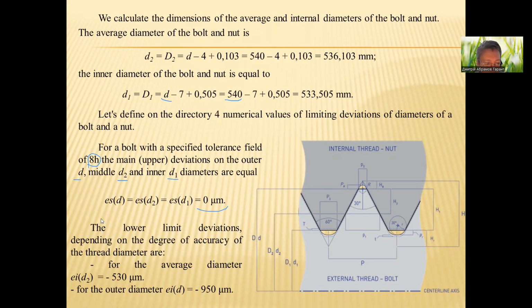The lower limit deviations, depending on the degree of accuracy of the thread diameter, are for the average diameter.